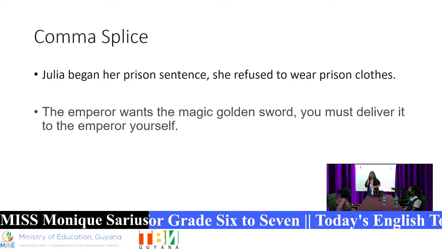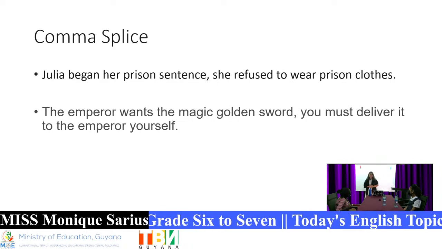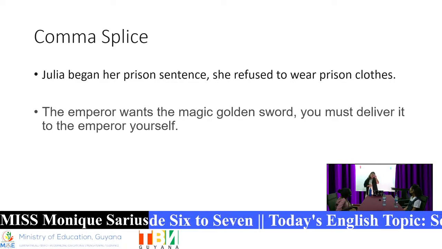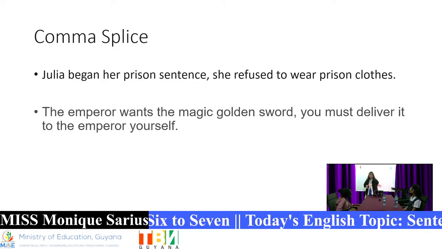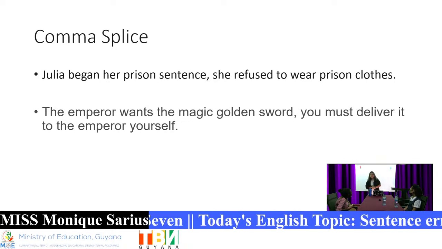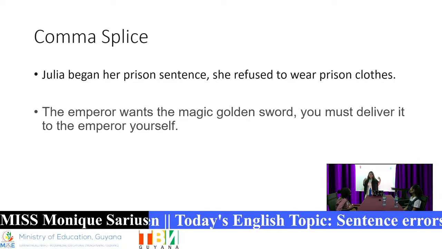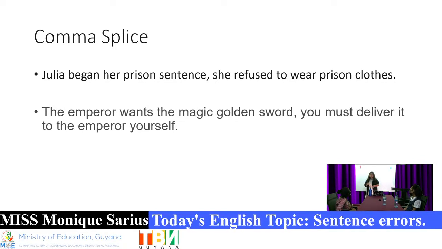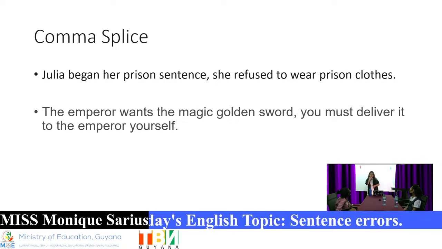Here is a third way. Punctuation mark you can use when you're using two independent clauses side by side if you don't want to use a full stop and if you don't want to use a conjunction. Semicolon. So that's the one with the dot and the comma coming down at the bottom there.